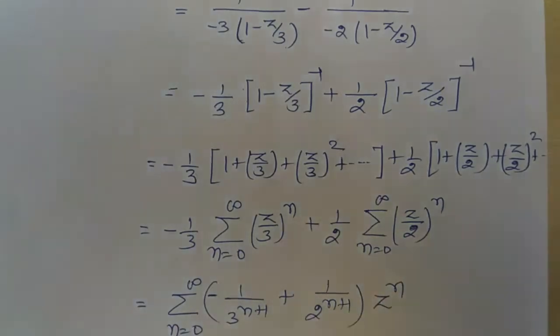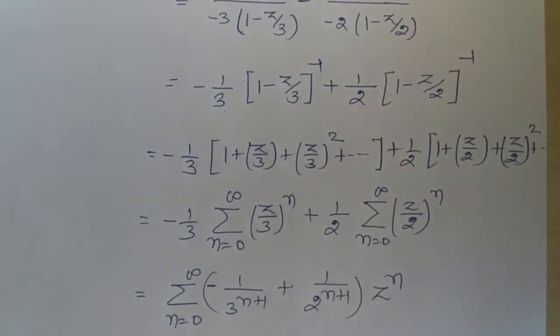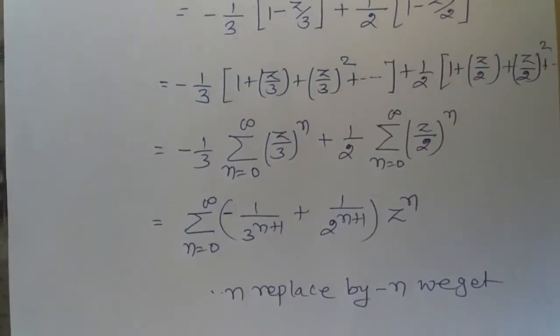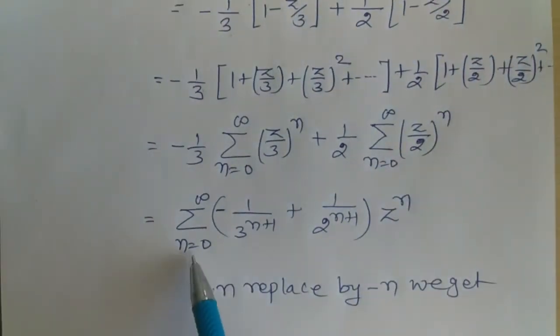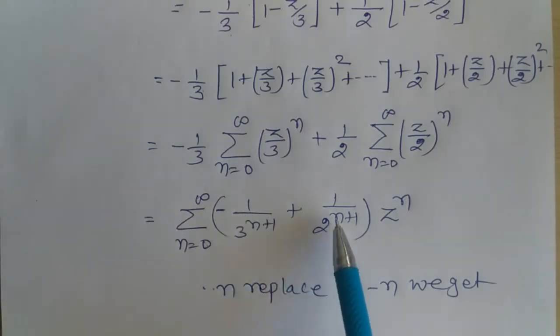Now as we know, the inverse z transform of u bar z, u n, is the coefficient of z power minus n, and here we have z power plus n. So we replace n by minus n, then all these positive 0 to infinity become 0 to negative infinity because n is replaced by minus n.